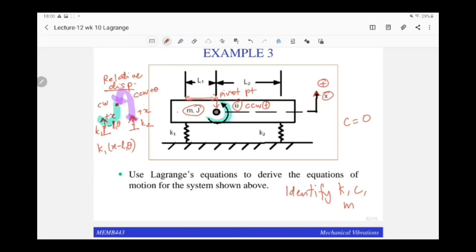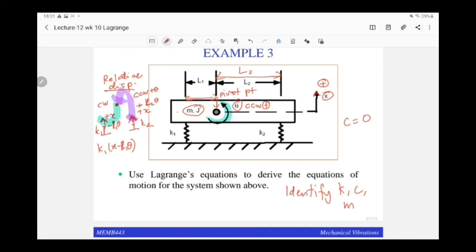Or for K2, the positive is actually this distance here to K2, which is L2 from the pivot point, isn't it? So you would have to write L2 theta. So the positive part is actually L2 theta. It's supposed to be capital L, yeah?